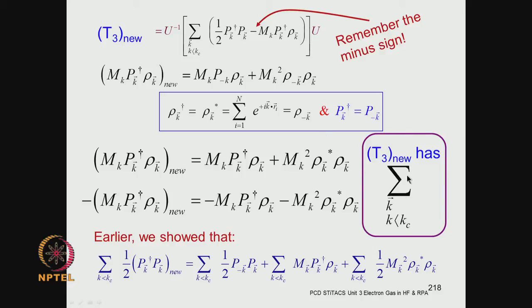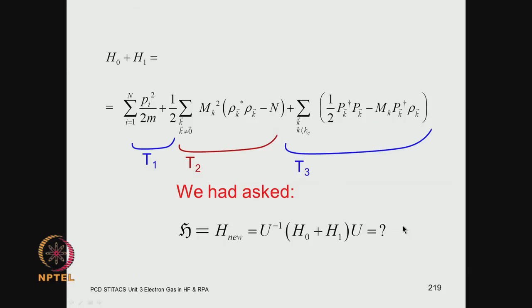You have to remember that the magnitude of k, this summation is restricted to k less than kc. So, these are the three terms, and this is the question that we had raised, and now we can answer it because we know how the first term transforms, which is the kinetic energy term. We know that the second term remains invariant, and we know how the third term transforms. So, we can transform the complete Hamiltonian.